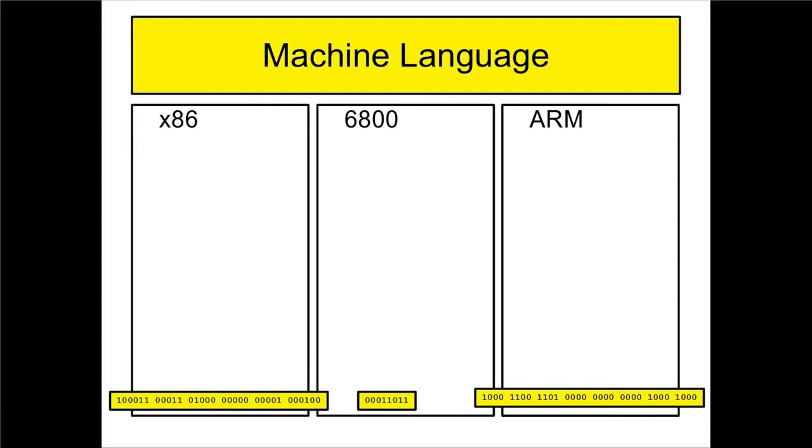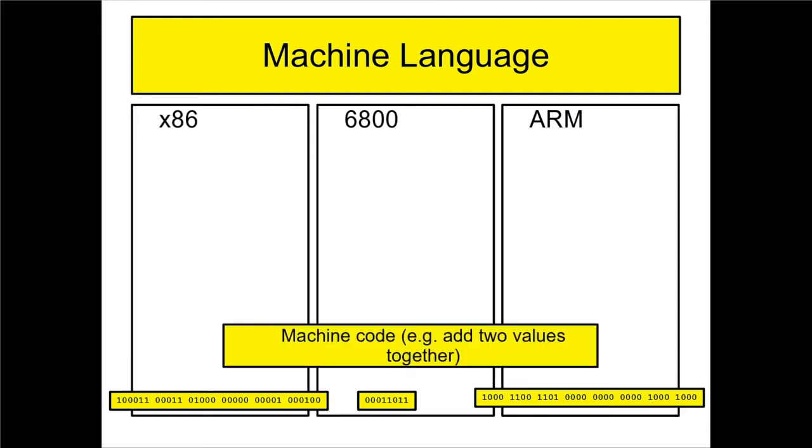You'll notice that instructions for the x86 are a lot longer than the instructions for the 6800. The 6800 is a very old CPU, and that's why it has much simpler instructions. We call this machine code. And these three examples actually show how to add two integers using the different processors.